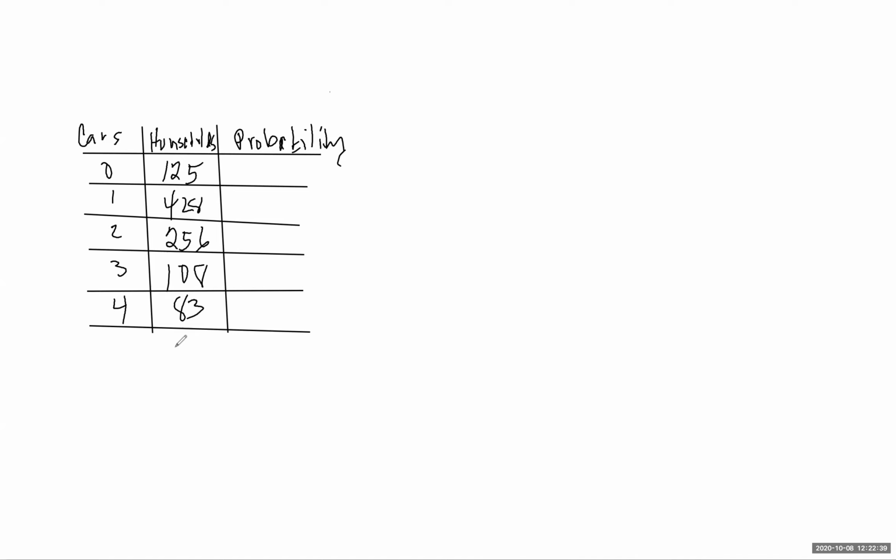Now we know that this column totals up to 1,000, which makes the math easy. We just divide the frequency by 1,000, and we get all these probabilities here.